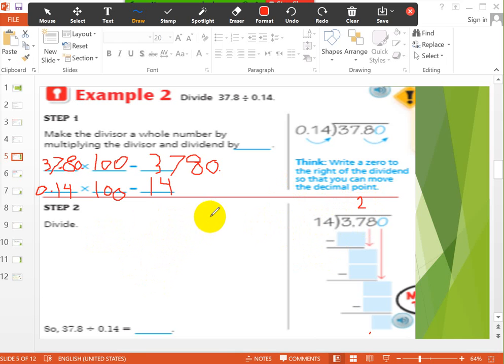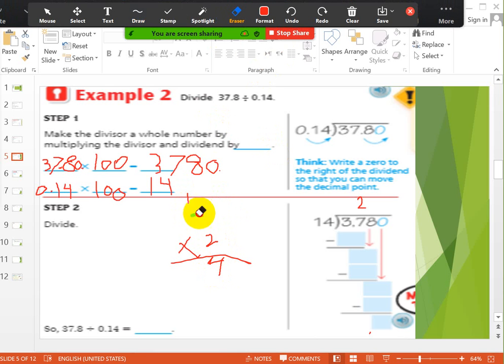Your answer is correct. So 2 multiply 7 equals 14, right. 2 multiply 3 equals, I'm sorry, I have a mistake here.